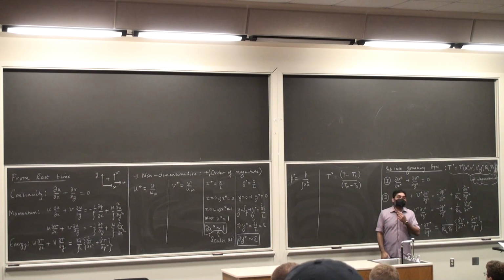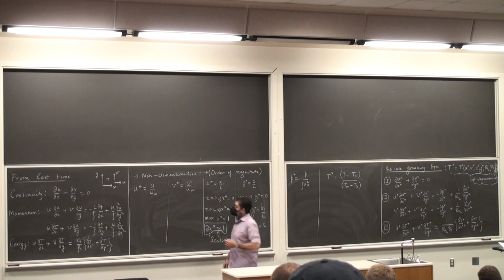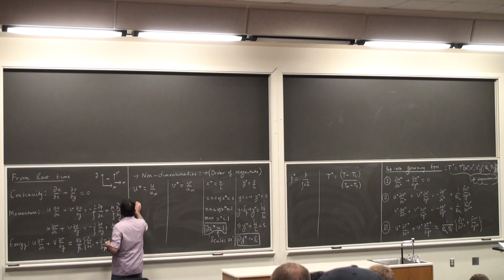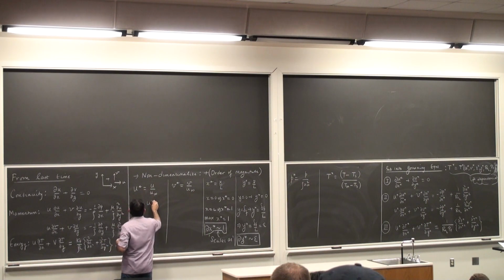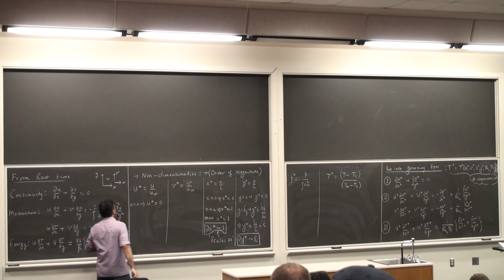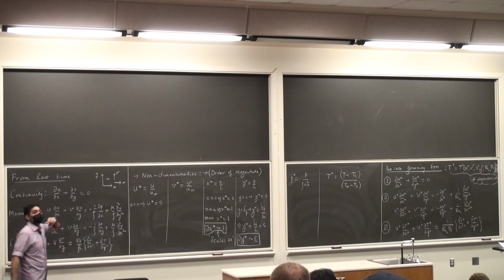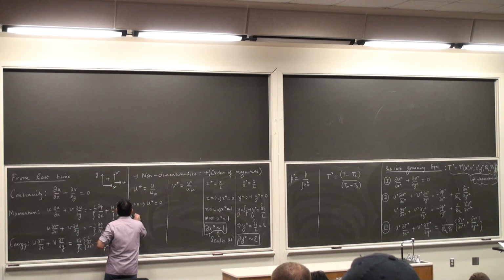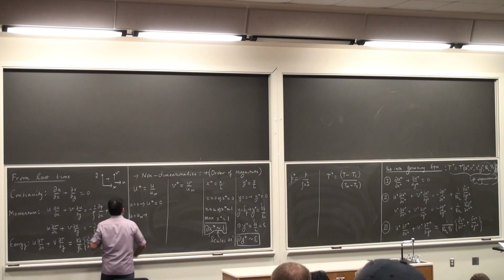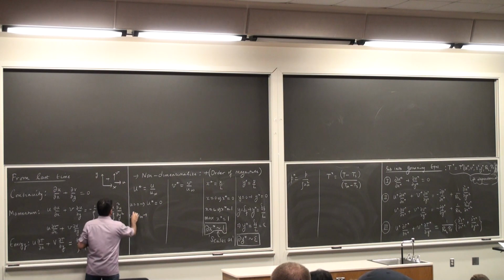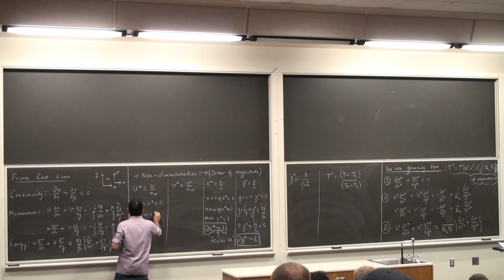Do the same thing for u star and v star. So when u is 0, u star is 0. At the edge of the boundary layer, u becomes approximately equal to u infinity, or 0.99 times u infinity, so u star is approximately 1.